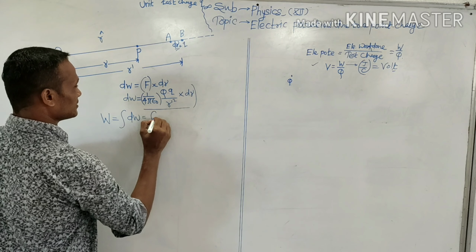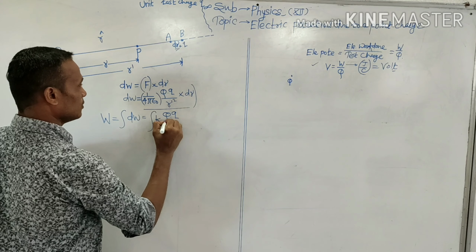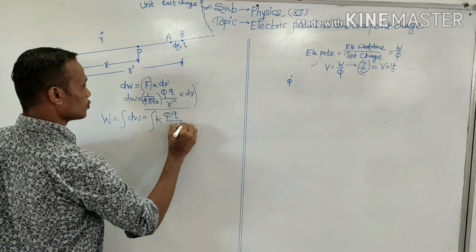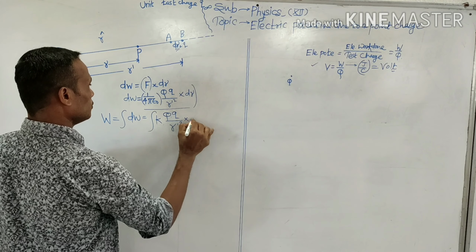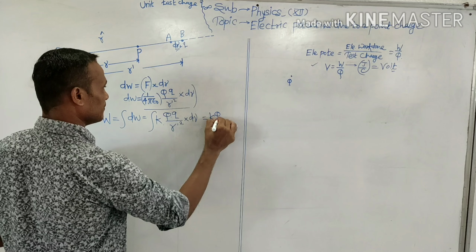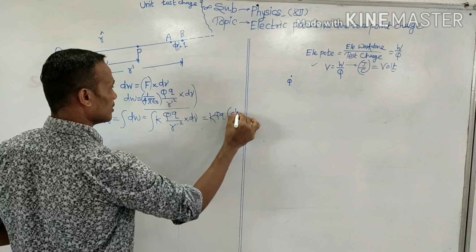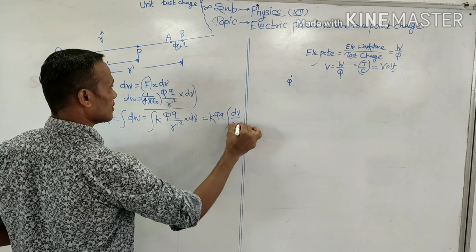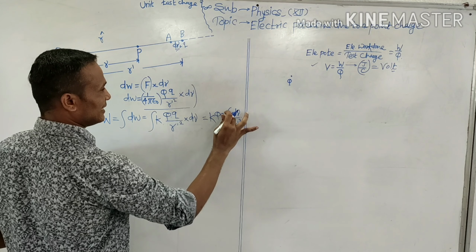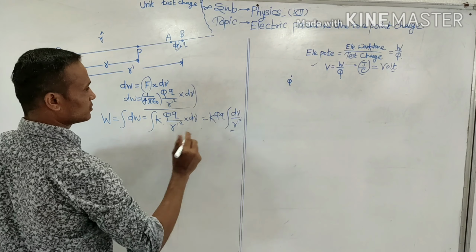I'll consider this as K, Q upon R dash square into dr. Now the constant will be outside the bracket, KQ. What is left inside is the integration of 1 upon R dash square with respect to the distance.